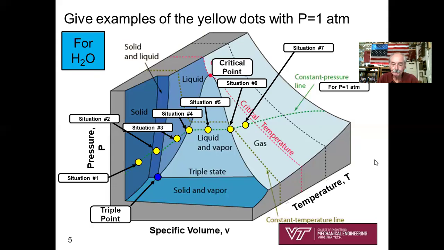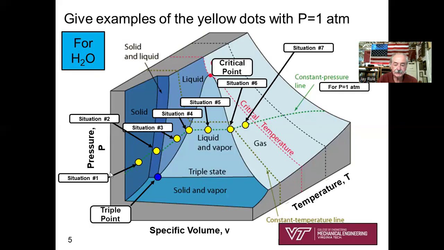We're going to go through a mental exercise, and I'm going to guide you through this. For H2O, let's say that we're interested in simply saying what these yellow dots are. I've picked out a set of 7 dots that are laying on this three-dimensional surface, and they all happen to be laying on a line of constant pressure.